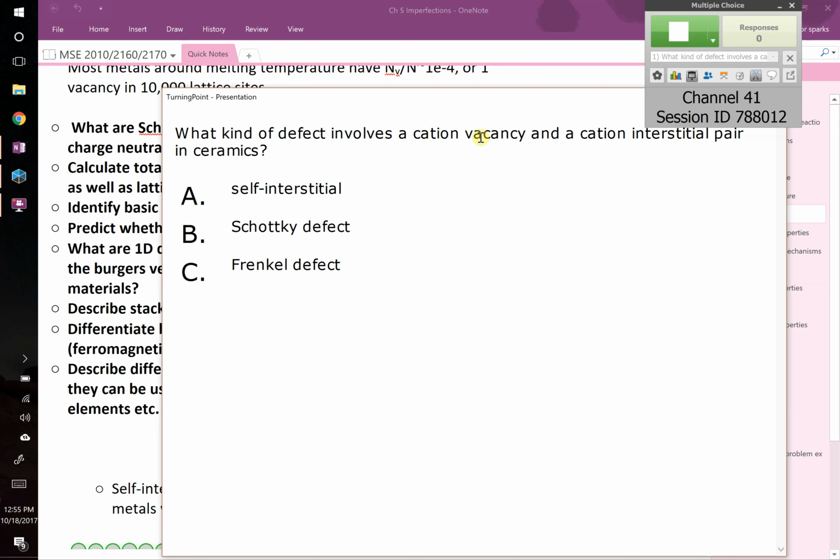Session ID, channel ID is up, and the first question is available, which is: what kind of defect involves both a cation vacancy and a cation interstitial pair in a ceramic?